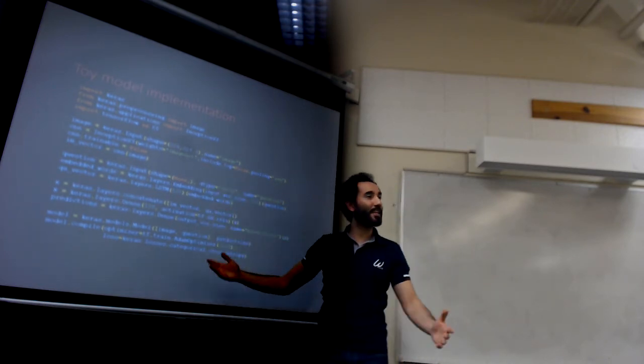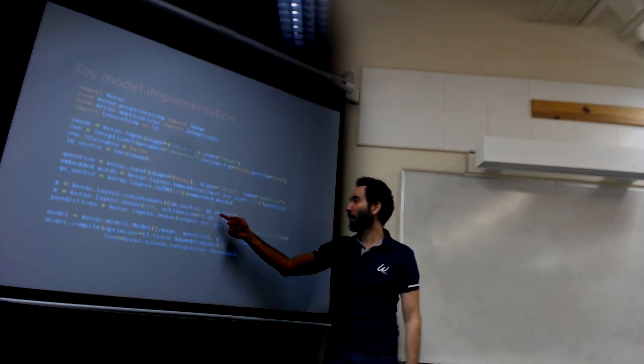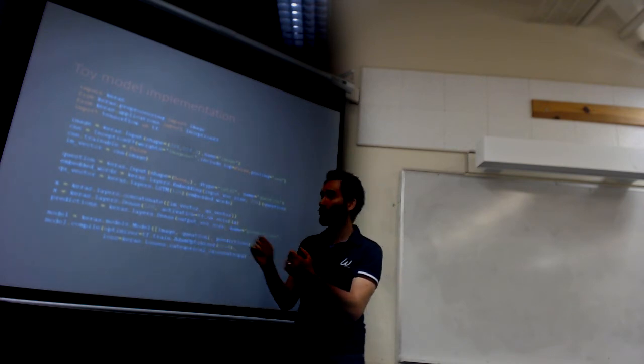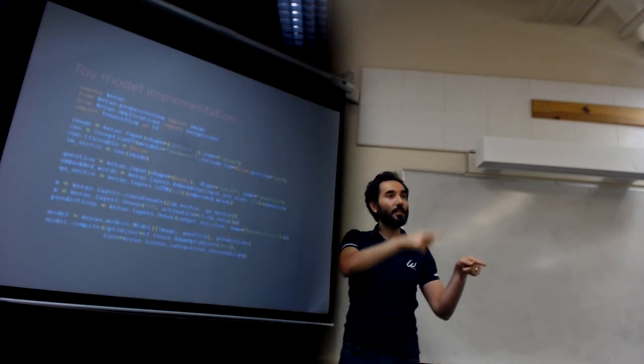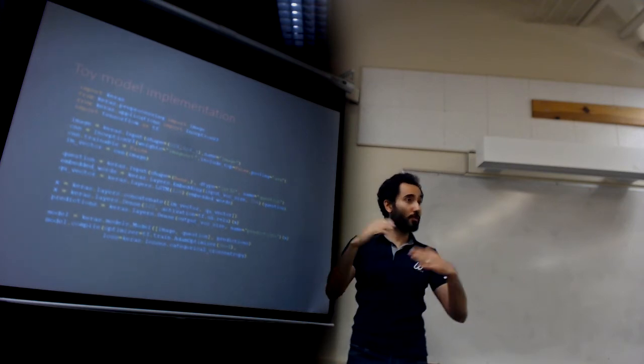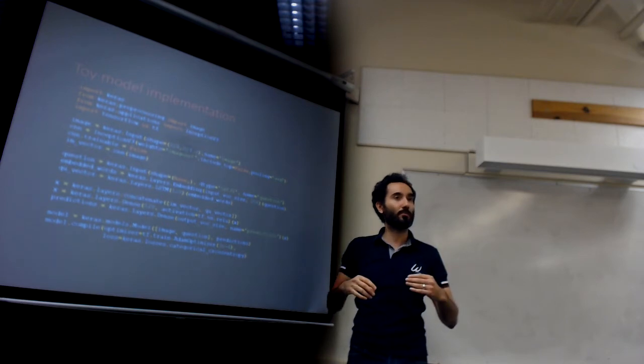Next step, what was the next step? Concatenate the two. I will concatenate them to a layer, and I will put one layer of dense network on top of it. For those of you who don't know what these things are, they are building blocks of deep learning.